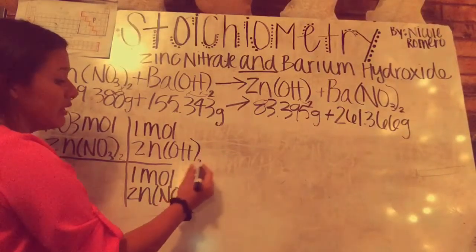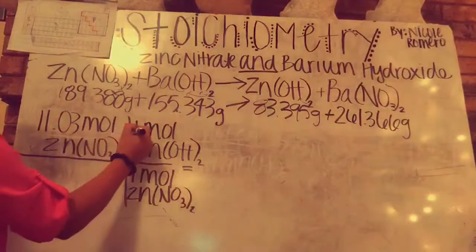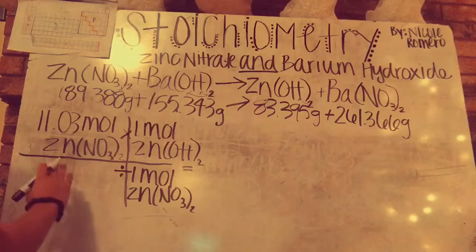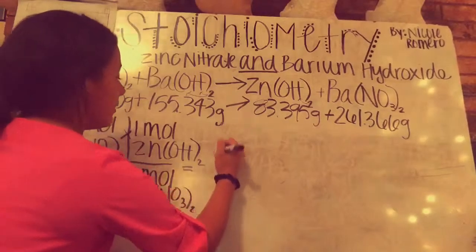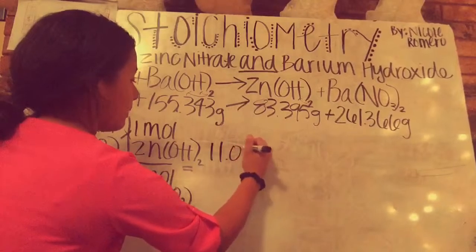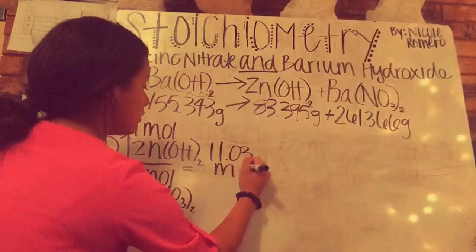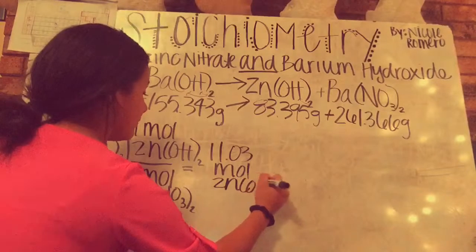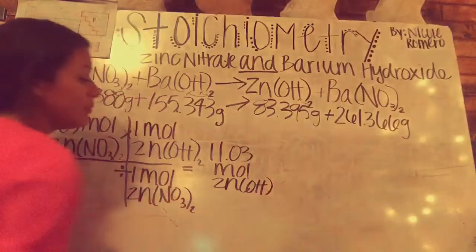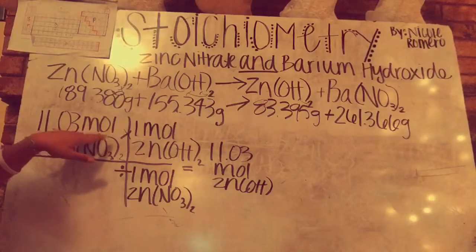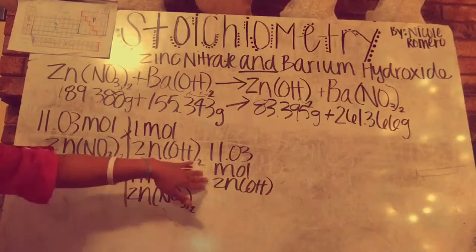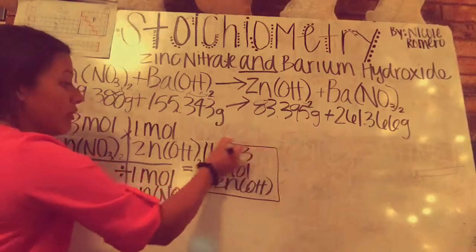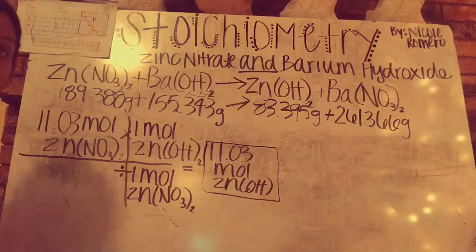And when solving for this, you are going to multiply across the top and divide by the bottom, and you will end up getting 11.03 moles of zinc hydroxide. It was very simple. We just multiplied 11.03 times 1 divided by 1, and it would be itself. So your answer here is 11.03 moles of zinc hydroxide.